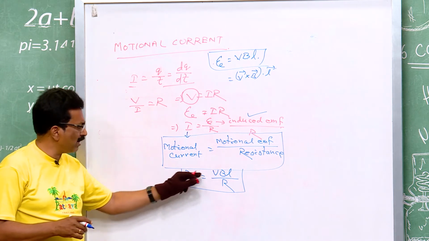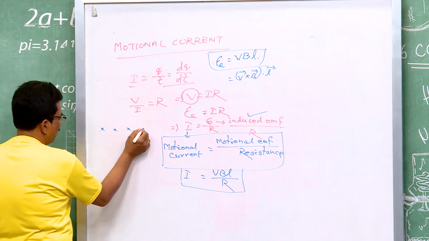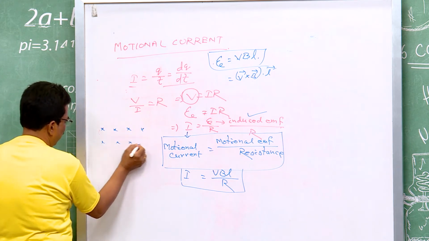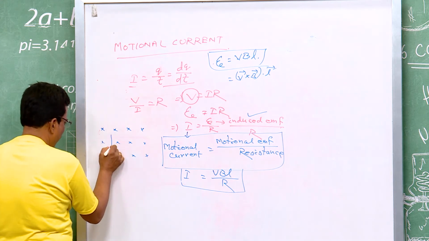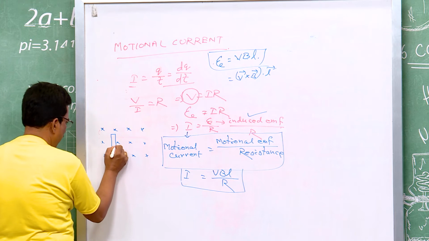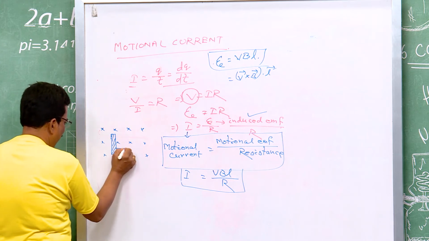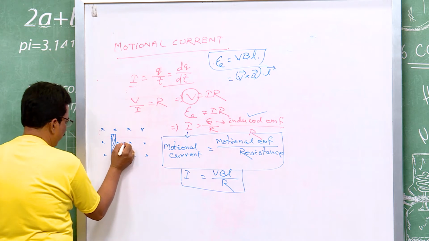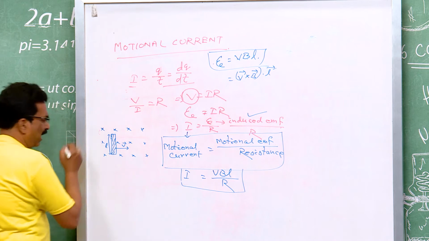So, whenever a current passes through the conductor, as we have taken, this is the inward field in which a conductor is taken, and that is moving with the speed v. This is its length L.